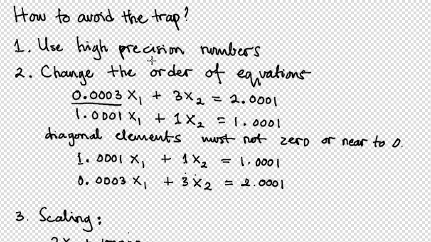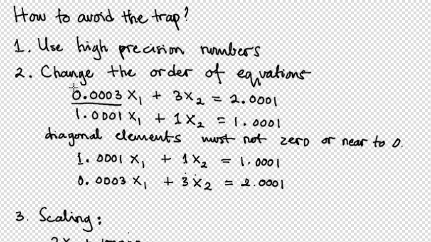So use high precision numbers as much as possible. Well, if you do hand calculation, of course this is difficult. For hand calculation, well, 2 digits maybe is enough, but for computer calculation, use high precision numbers as much as possible.